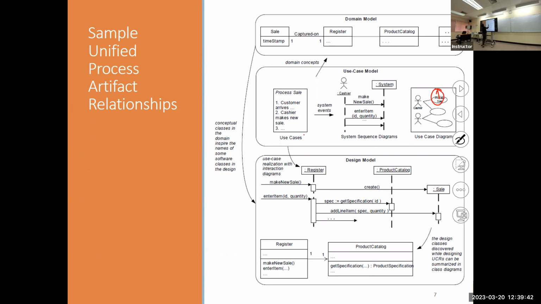And this is the use case description along with it. That says, if you want to process a sale, number one, the customer arrives, the cashier makes a new sale in the system, and so on. And this is the system sequence diagram that we just saw, right? Then these are how things relate with each other.